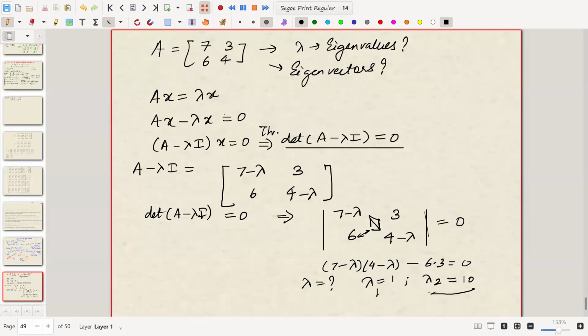So lambda 2 equals 10 is the greatest eigenvalue, and that's what we call the dominant eigenvalue. Dominant eigenvalue. Okay, fine with you? Okay, let us move on.